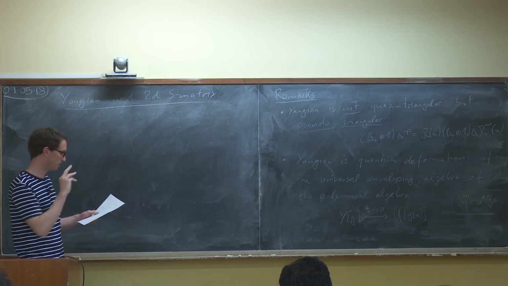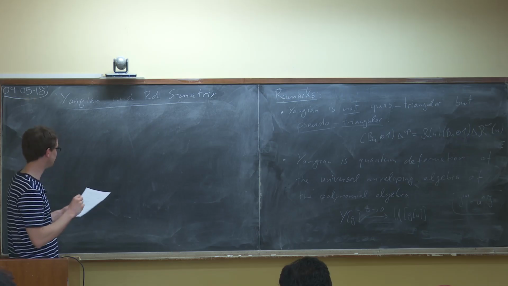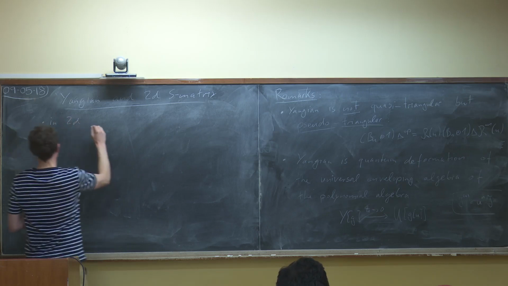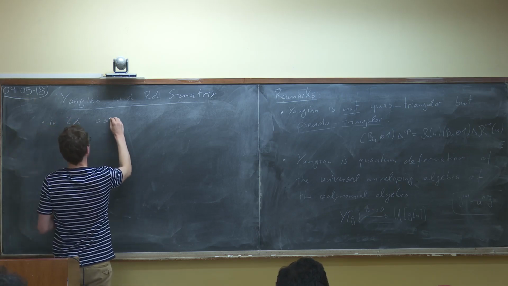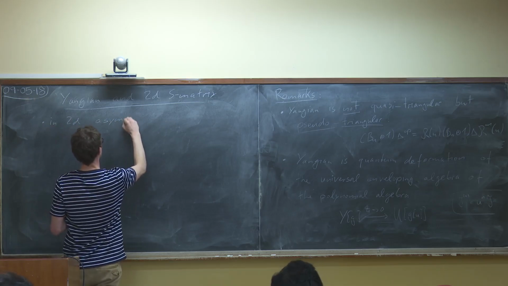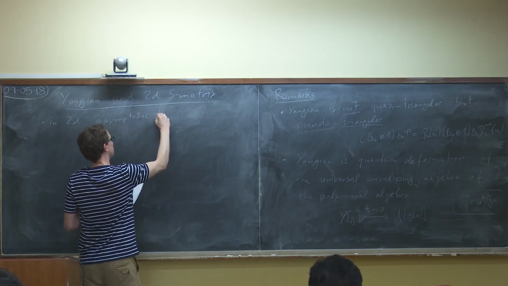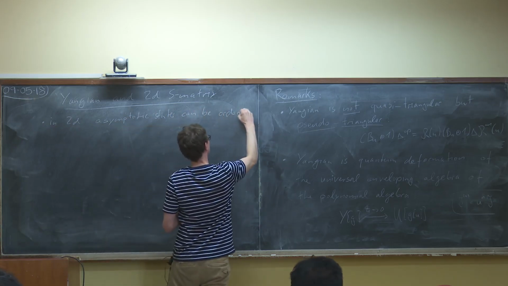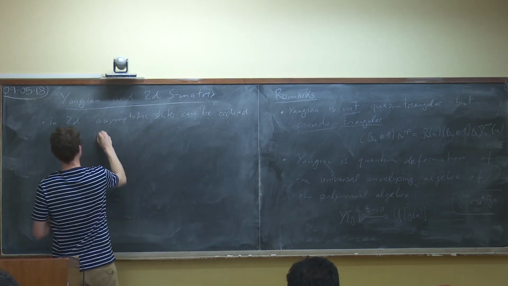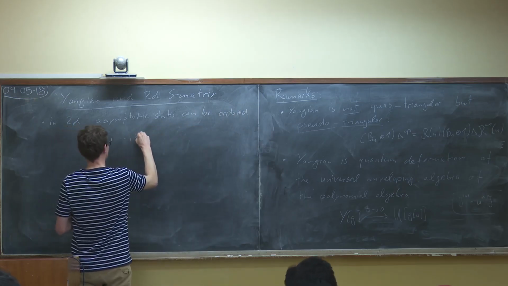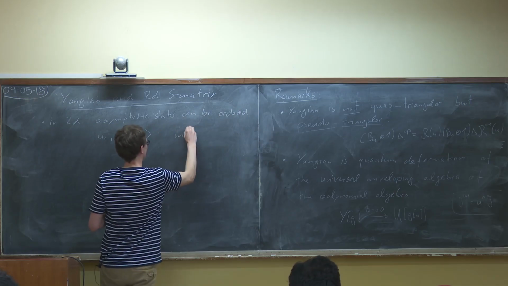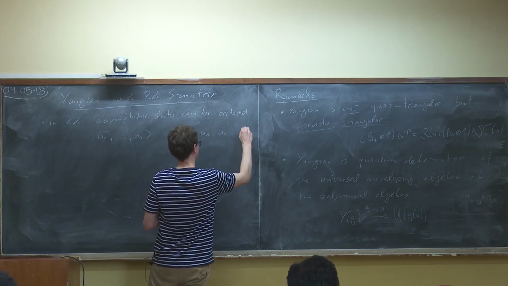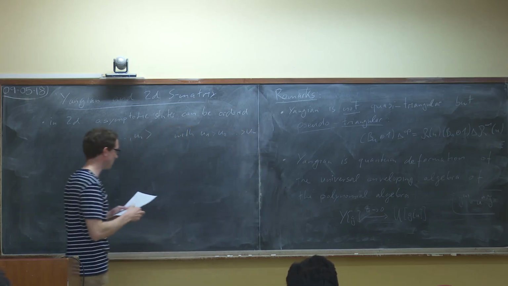For the Yangian, in the context of the S matrix, as I already mentioned, in 2D I can order my asymptotic states. So I have states U1 to UN, and I can order the rapidities, which is again very special to 2 dimensions.